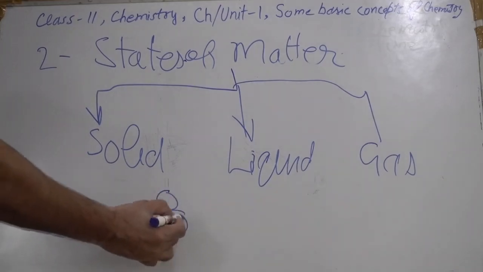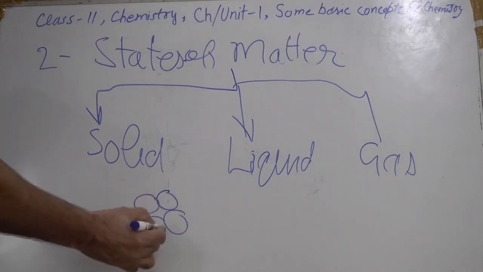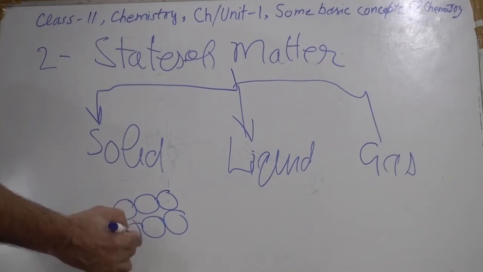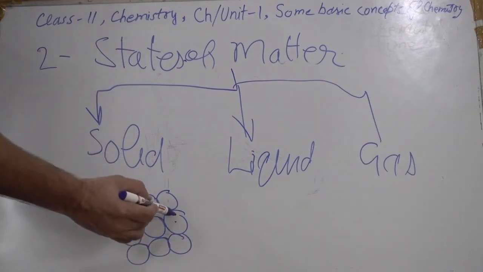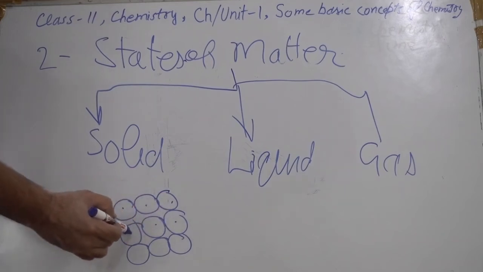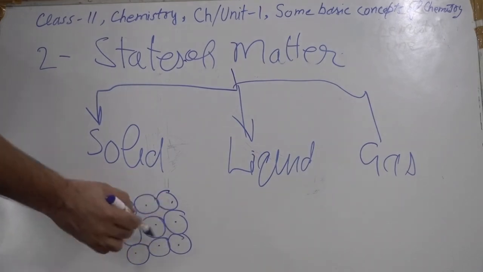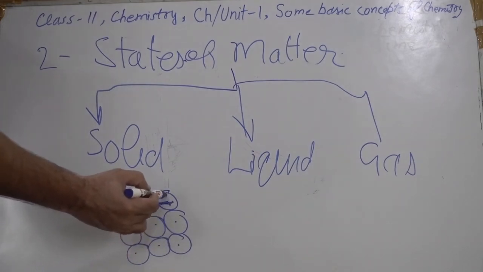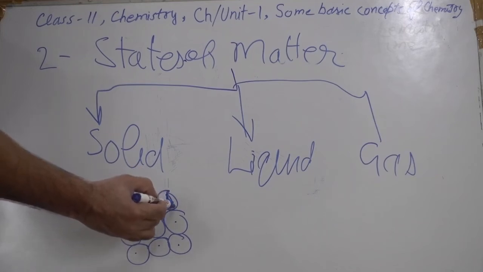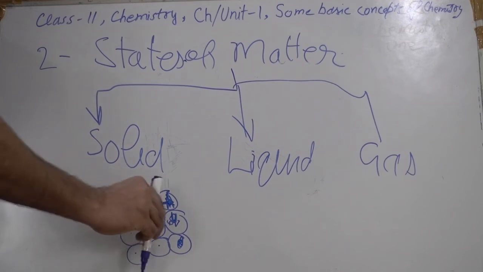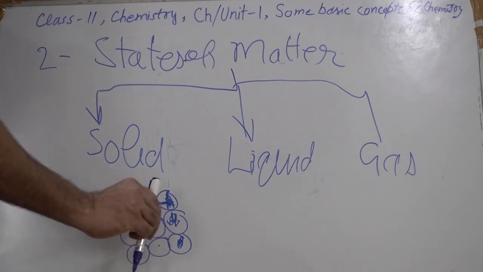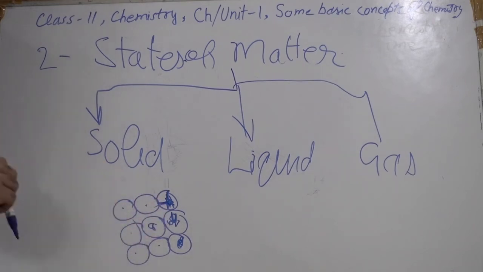Solids, here these are the solid particles, molecules or atoms. In solids, these can simply vibrate about their mean positions. These molecules or the ions or the atoms, they can simply vibrate about their mean positions.